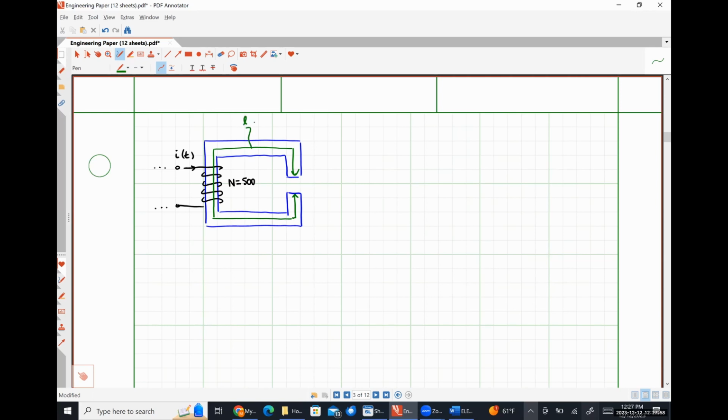This distance is our core length. I'm just giving you the whole length so that we don't have to suffer through adding together all of the little parts and all of that kind of stuff. So our core length in this case is going to be 30 centimeters. Our gap length, LG, is going to be 0.5 millimeter.